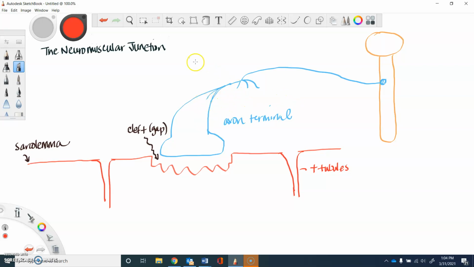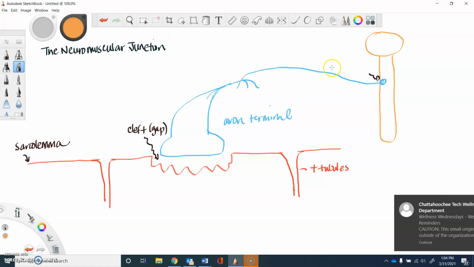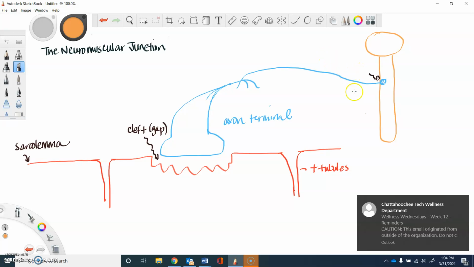So the action potential, or the stimulus, is going to originate in the spinal cord, at the cell body of the neuron. So that is here. That action potential is going to go down the neuron and be propagated down the entire axon of the neuron.